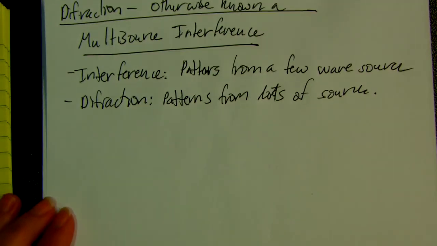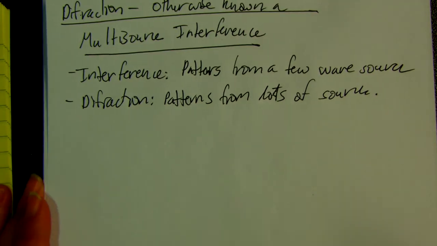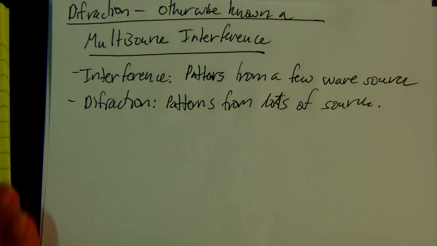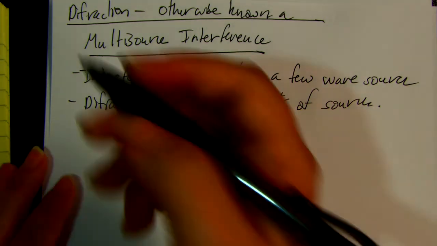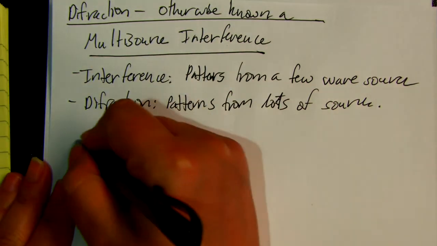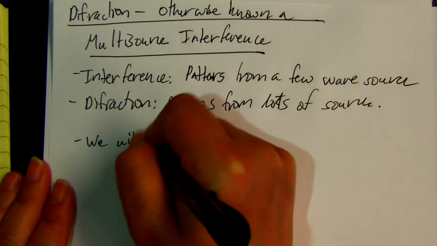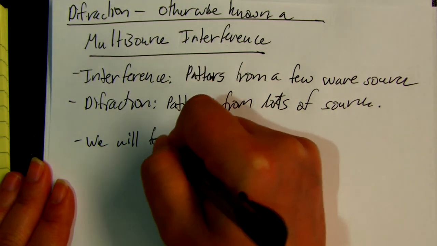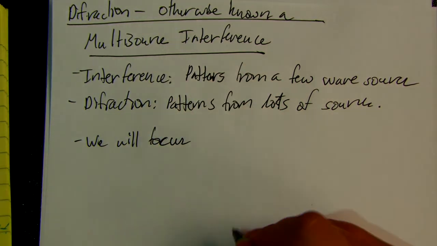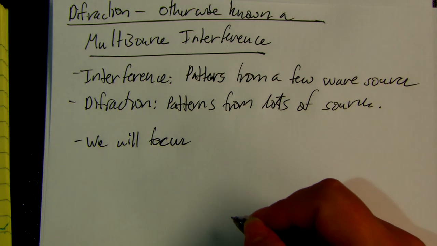Okay, so what we're going to do to introduce diffraction is we're going to start with thinking about X-ray diffraction because there's some really useful applications for this. And you'll see why in a second. And they do have X-ray lasers, which we use to do X-ray diffraction.